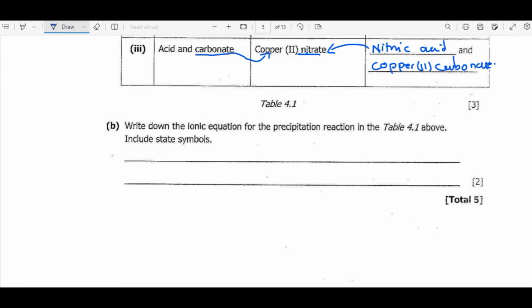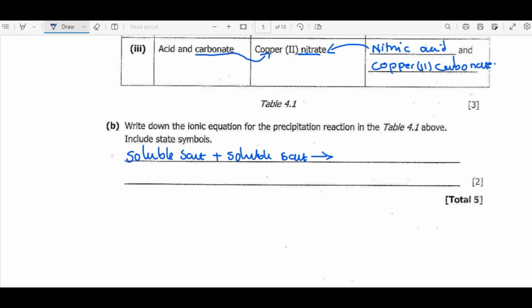B. Write down the ionic equation for the precipitation reaction in the table 4.1 above. Include state symbols. So in order to maybe give you more of a picture, remember I said you need a soluble salt as a reactant plus another soluble salt as a reactant.